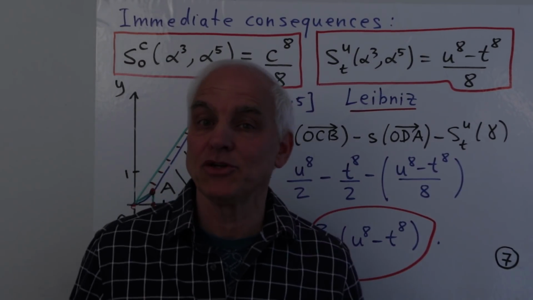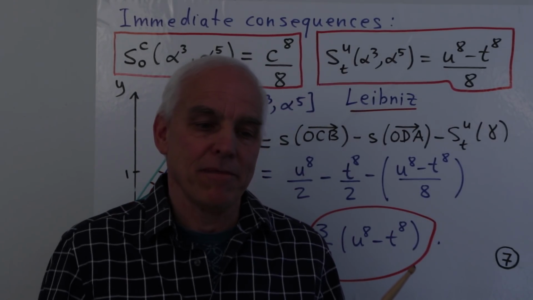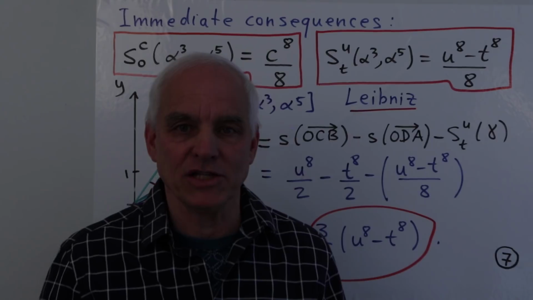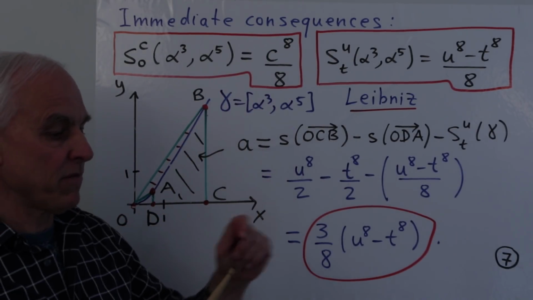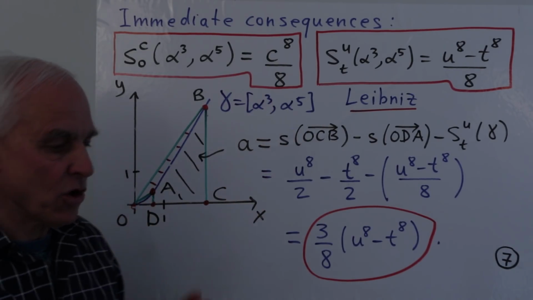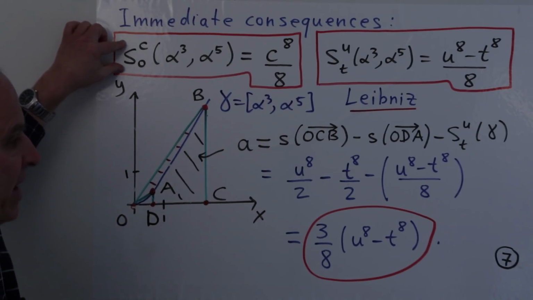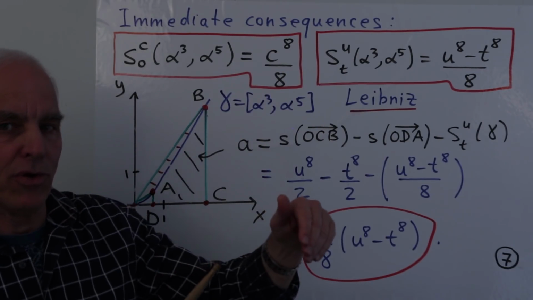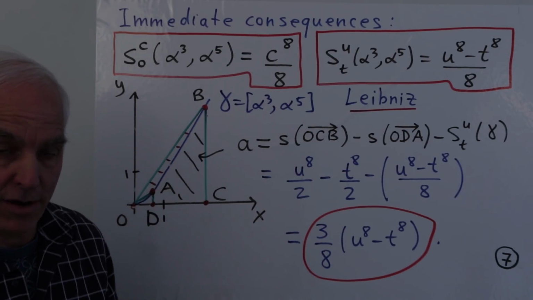So to finish, I would like to apply what we've learned to harvest some immediate consequences. So we've just understood the fundamental formula for this curve gamma, the curve alpha cubed alpha to the 5th. So one of the consequences that we can immediately draw is to find the signed area of a more general segment. If we go from 0 to c instead of 0 to 1.